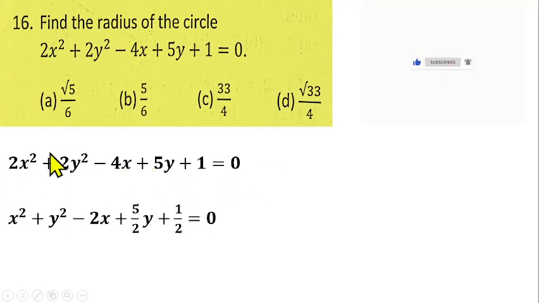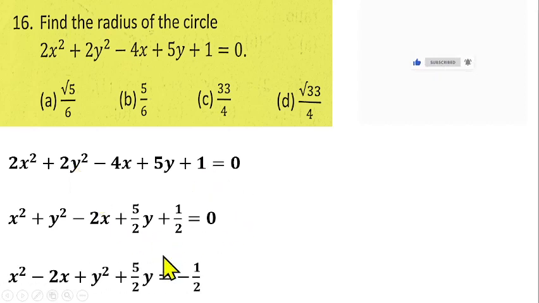If you divide through by 2, you have x squared plus y squared minus 2x plus 5 over 2y plus half equals 0, because we have divided through by 2 to make the coefficient of x squared and y squared to be 1. Then the next thing to do is to take the constant to the other side.